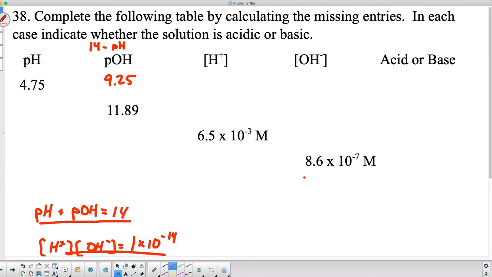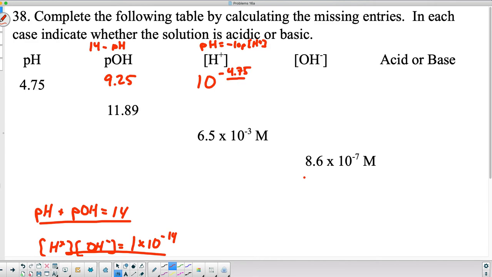Now for this one here, I'm going to use the reverse of pH equals negative log of the hydrogen ion concentration. So what I do for that is I very simply take 10 to the minus 4.75. Here's where I plug in the pH, and I have to use the minus sign.